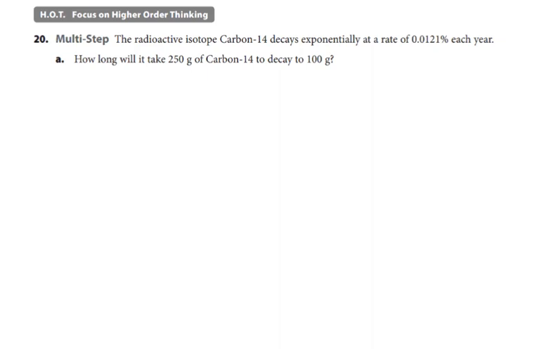And then problem 20 is a multi-step problem, which is really not that hard. It's really similar to problem 14, where this is going to be our value of r. Then you can take A of t equals A sub 0 times the base 1 plus r to the power of t, and you can put in 100 for A of t, 250 for A sub 0, and then find your base.